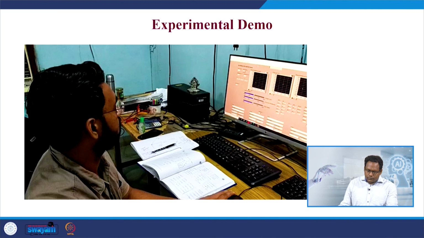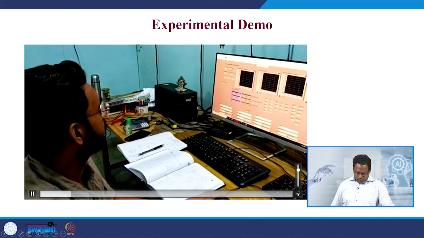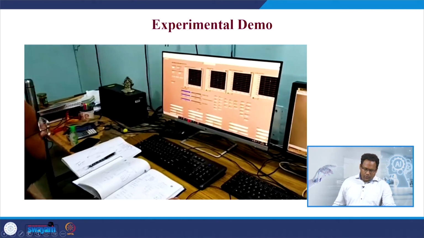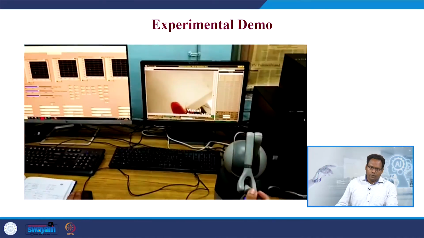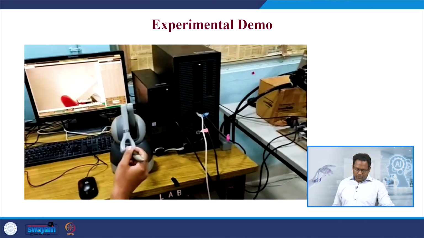Now, this is the demo where we have applied this type of semi unsupervised learning technique, towards a regression problem, to solve the inverse kinematic control of a 5 degrees of freedom follower robot for minimally invasive surgery. The demo is given here, where we have controlled the follower robotic system by giving a master command through the haptic device.